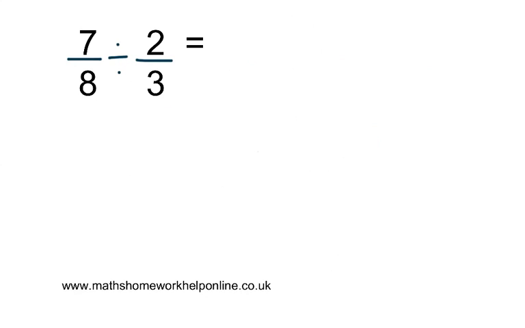Okay, now let's have a look at divide. Divide isn't too difficult, it's very similar to multiplying. All we need to do is write the first fraction, so 7/8. We change the second fraction, so change it from divide to times, and flip the second fraction, so instead of 2/3 it would be 3 over 2.